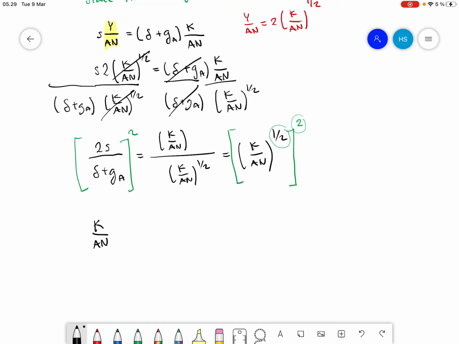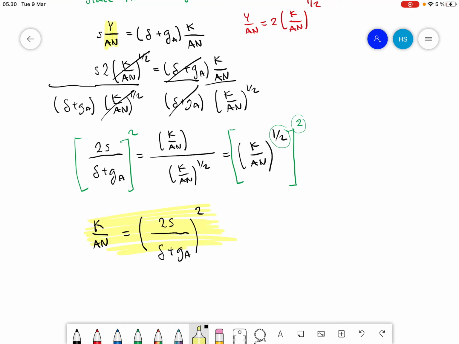In other words, we end up isolating the balanced growth value of capital per effective worker, and we get 2s over delta plus the growth rate of technology to the power of 2. So this is our expression for the balanced growth value of capital per effective worker.